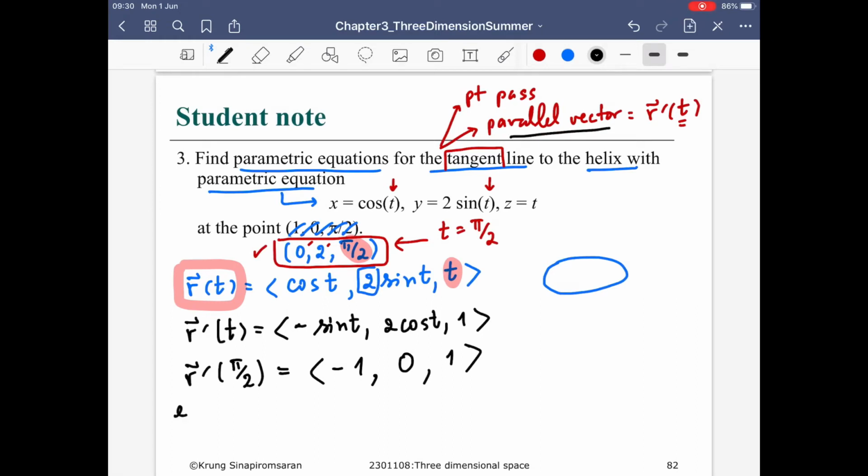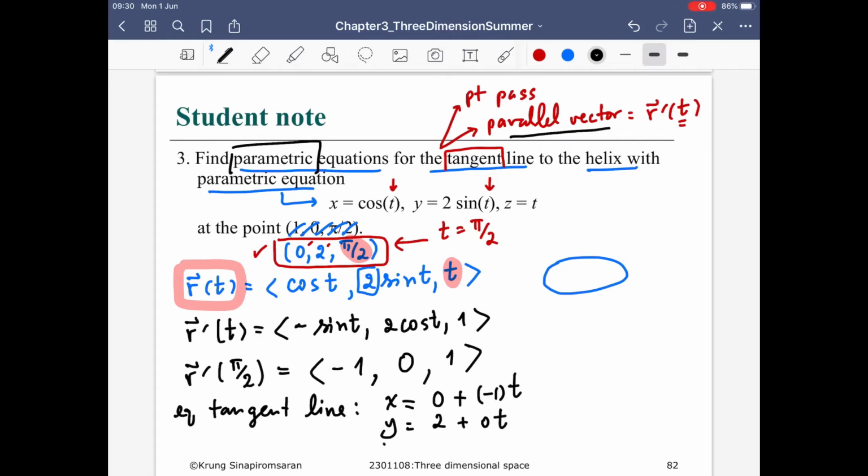So the equation of the tangent line that you need must be in terms of parametric. So it is x equals the point that it's passing through plus the vector t, y equals the point plus the vector t, and z equals the point plus the vector t.